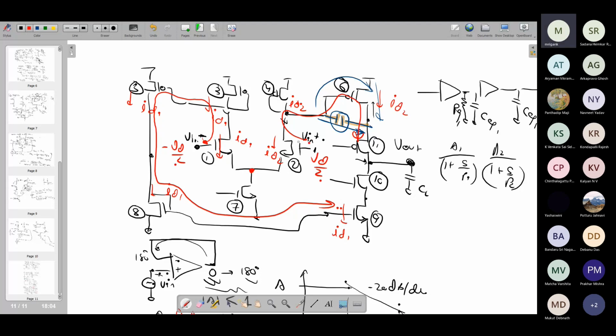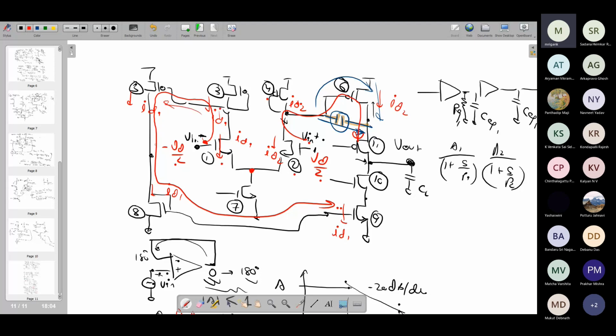From plus VD/2, the gain will be given by the common source stage, first by M2 and M4, and second is your cascode stage. For minus VD/2 applied at the gate of M1, the first stage gain is again a common source stage composed of M1 and M3.